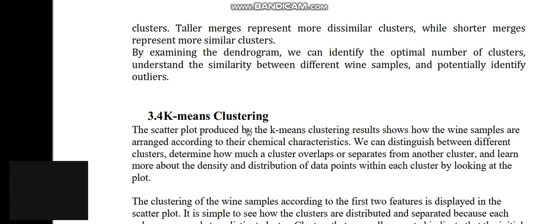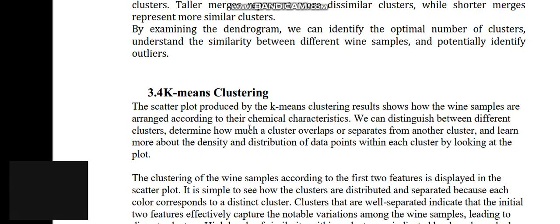Okay, the k-means cluster. The scatter plot produced by the k-means clustering result shows how the wine samples are arranged according to their chemical characteristics. We can distinguish between different clusters, determine how much a cluster overlaps, and so on.